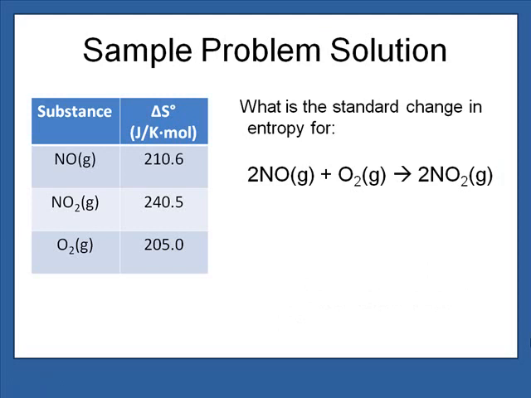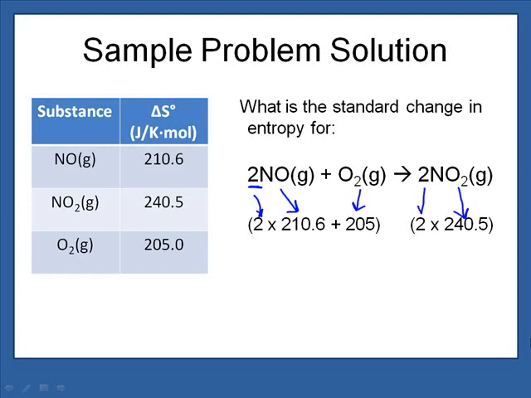But once we understand that, we can just look in the table and we can see that for nitrogen monoxide, it's 210.6 joules per Kelvin per mole. And since we have a coefficient of 2 there, we have to multiply our molar value by 2. Oxygen, we have 1 mole of that, so we just drop down the 205 from the table. And nitrogen dioxide is 240.5.